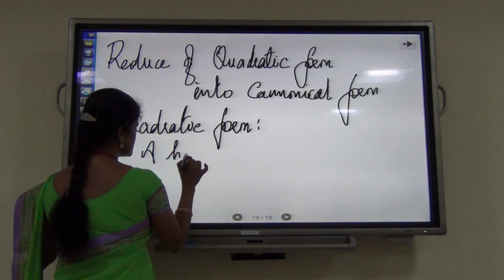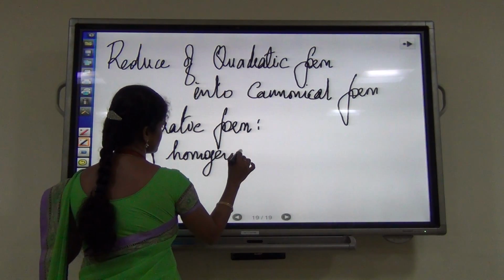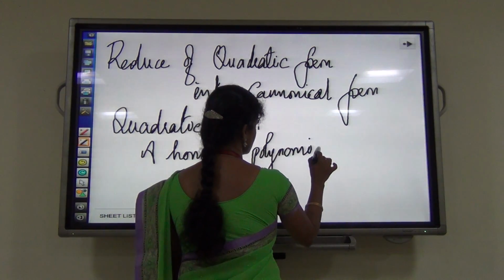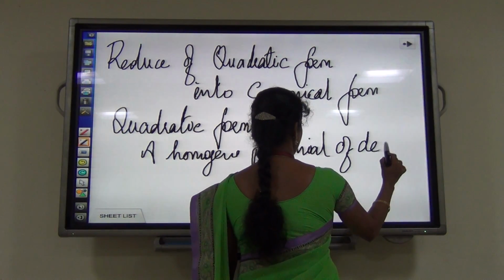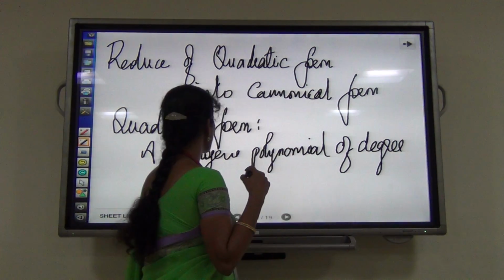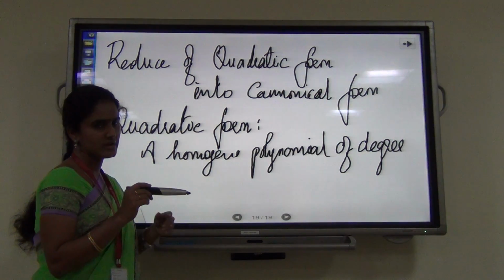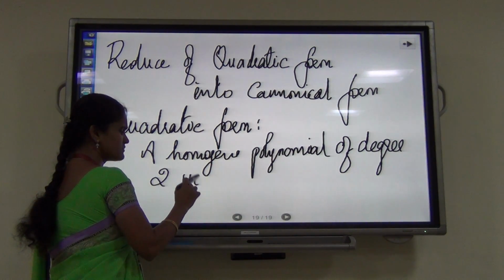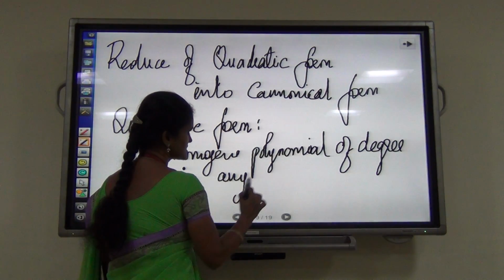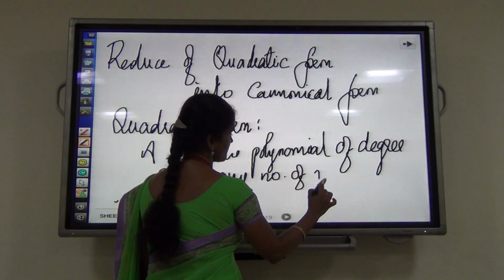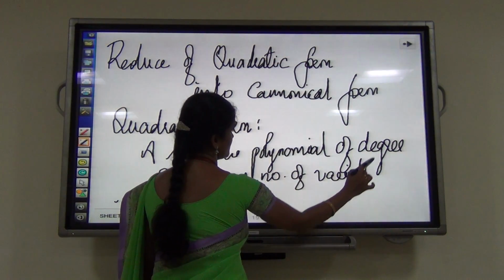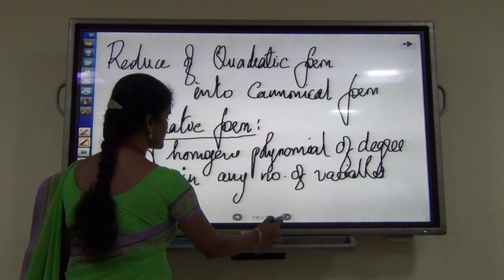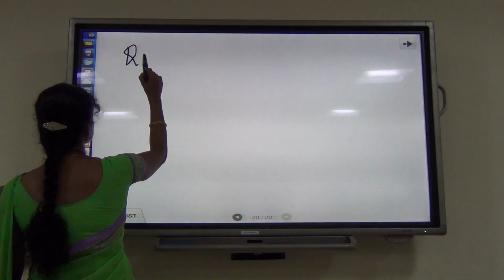It is a homogeneous polynomial of degree 2 in any number of variables. A homogeneous polynomial of degree 2 in any number of variables is called a quadratic form.